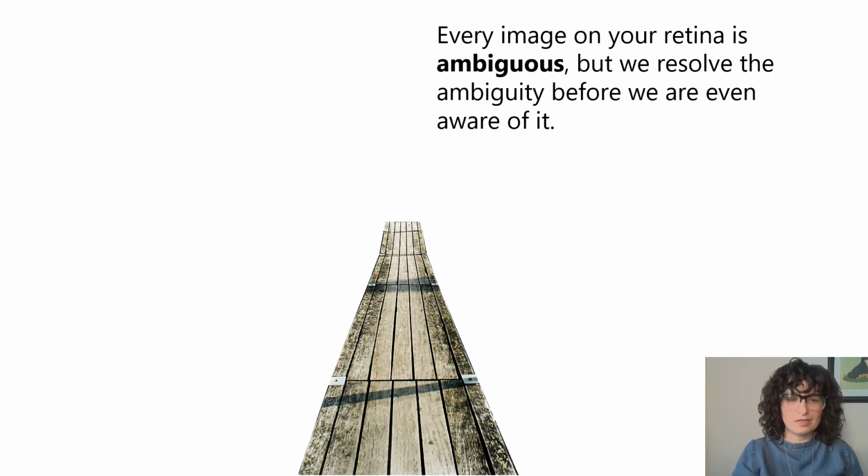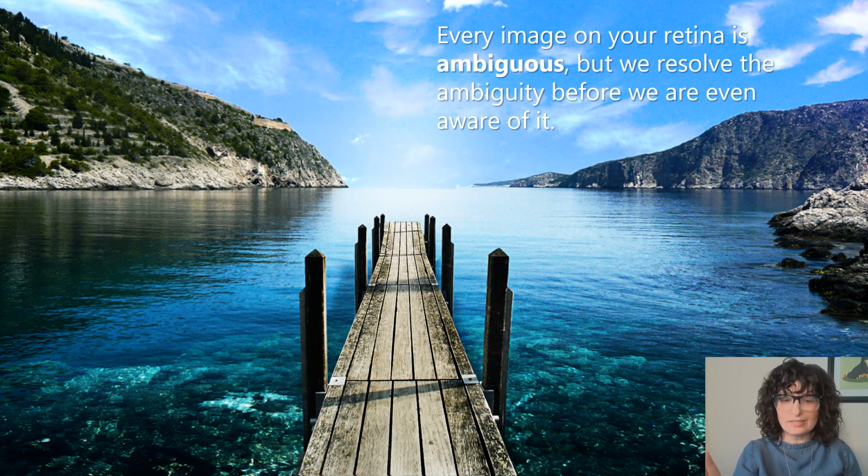Even if I give you the context, it is still possible that this image, this object that you're looking at, which is in all likelihood a dock jutting out into the water, is a series of boards that are nailed together in such a way that it's actually a wall, and if you walk towards it, you'd smack your face in it.